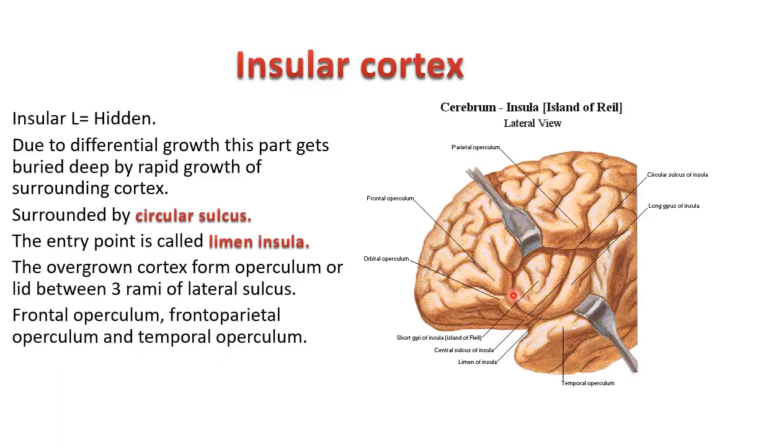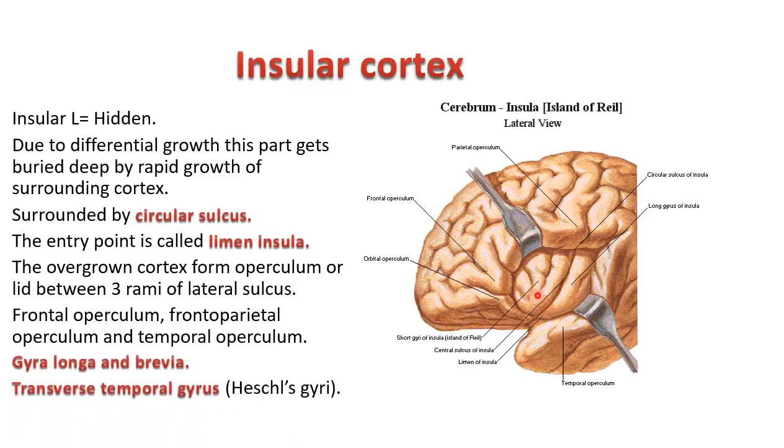Three lids, the frontal, frontoparietal and temporal operculums, form the lids. Only when you retract these lids will you see the long gyri and short gyri. Then you also come across a transverse temporal gyrus, called Heschl's gyrus, in the insular cortex.